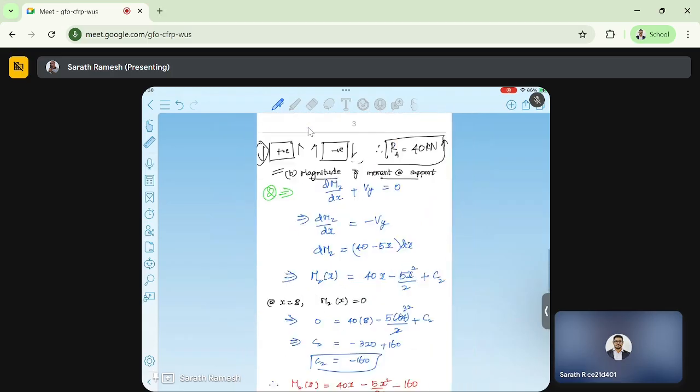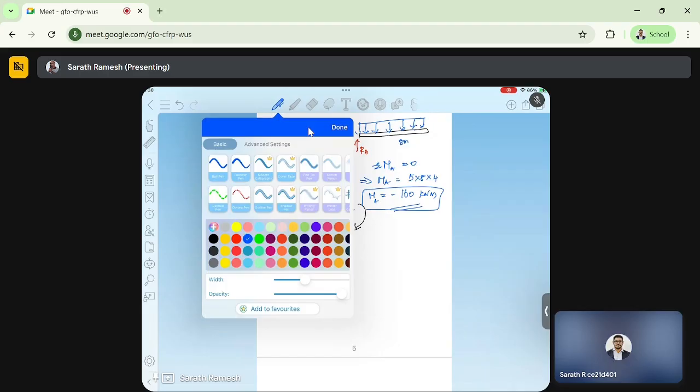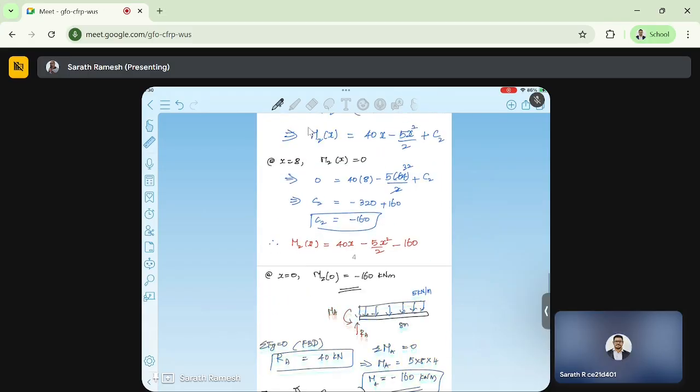Okay, and moving on to the next question, variation of the shear force: the shear force diagram for the beam. How to find it?